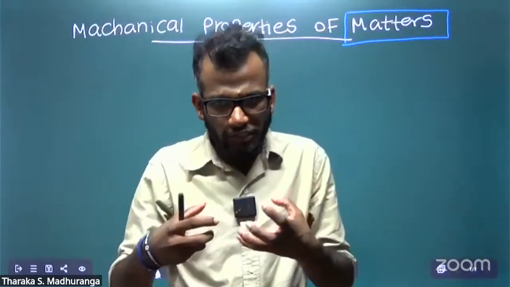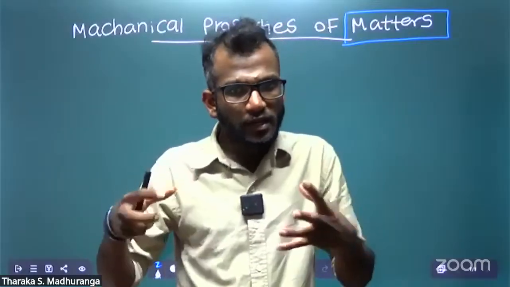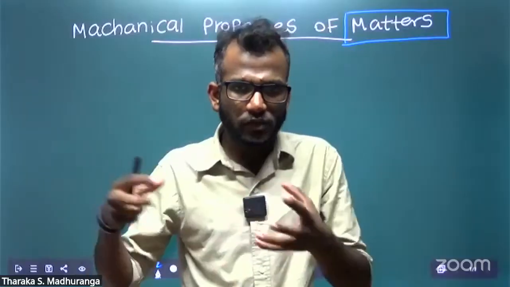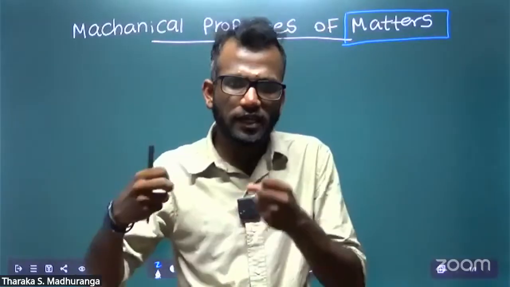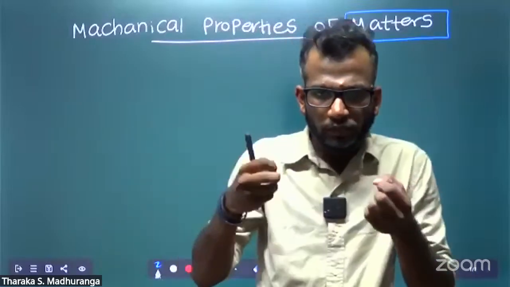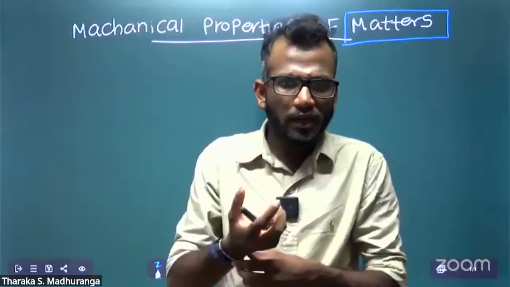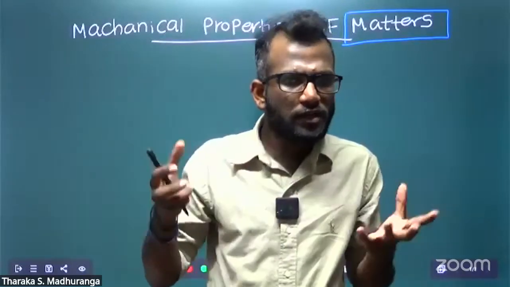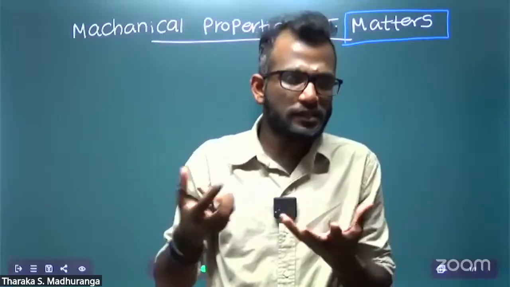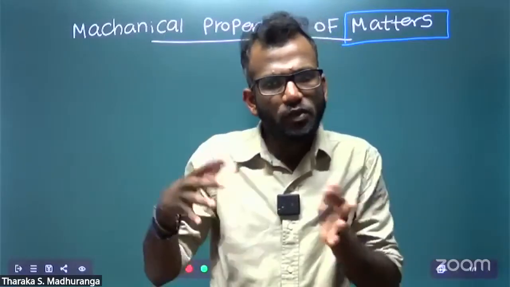Matters are mainly of three types, as you know from O-level: solids, liquids and gases. They are the physical states of matter. Everything in the world made of molecules and compounds is matter, whether solid, liquid or gas.